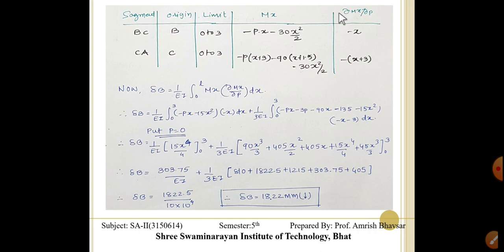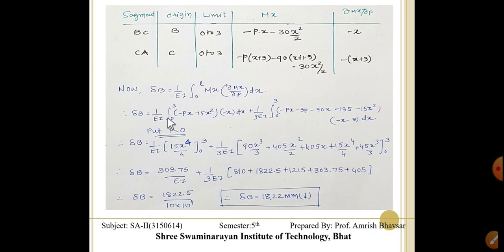Whenever we differentiate this Mx with respect to P we will get minus x and minus x plus 3. Now we have the equation delta B is equal to 1 upon EI integration 0 to L of Mx del Mx upon del P into dx. Now delta B is equal to, we multiply these two values and integrate with respect to the given limit 0 to 3.